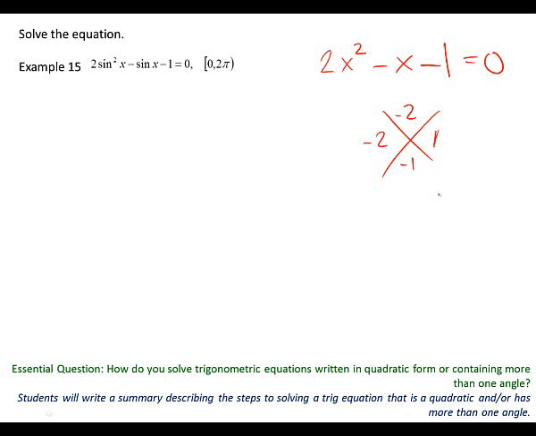Negative 2 and 1. Okay. All right. Do I need a box? Yes. Why? There's a leading coefficient. Good. So we've got 2x squared and negative 1, and then negative 2x and 1x from the magic X.